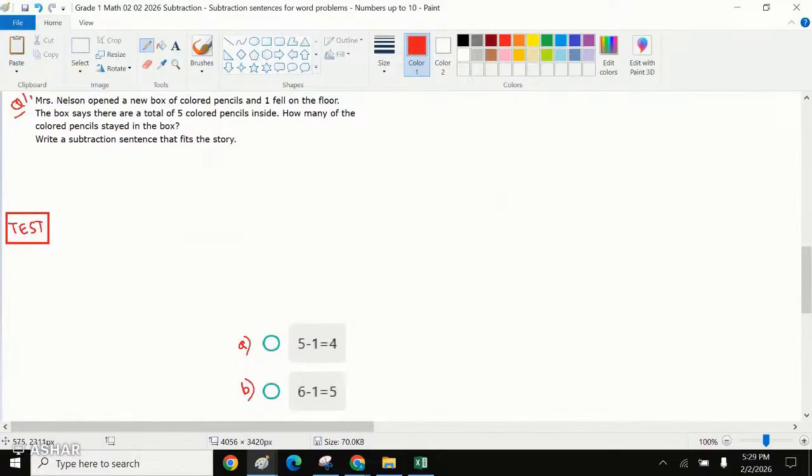Option A or option B? How many pencils were total there? It says one fell out and it also gives us the total number of pencils, right?